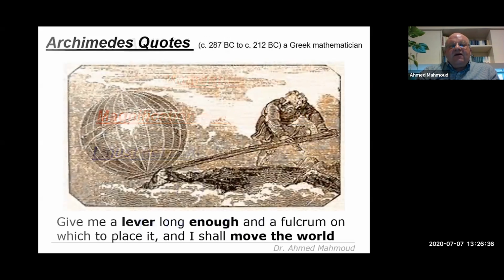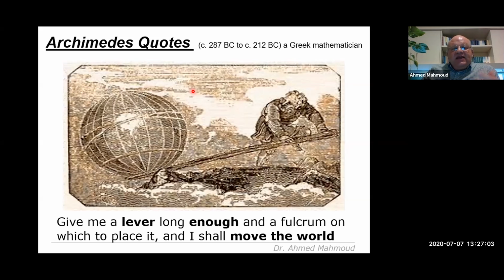Now, if we review the main quote, which was said by Archimedes back in 212 BC. Archimedes said, give me a big enough lever and I can move the world. And Archimedes discovered that with levers, he can actually be moving things he cannot move normally by his hand.